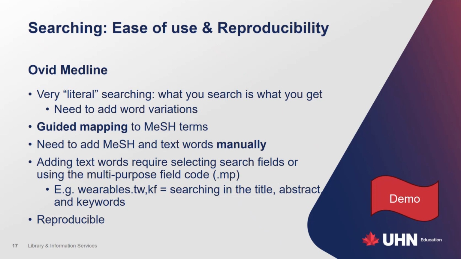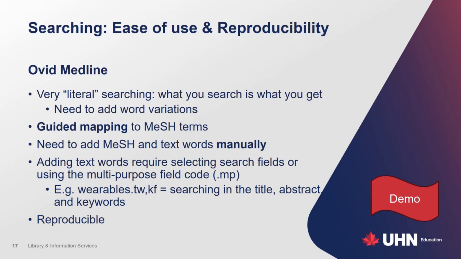That means you have to do a little bit more work if you want to add word variations. But the good thing is that you also have a lot more control, because you can choose what to add and what not to add. Ovid doesn't assume, it just searches what you typed.